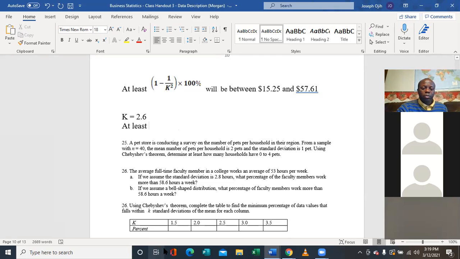So let me take you to the second workbook, where it will allow us to use the formula properly.